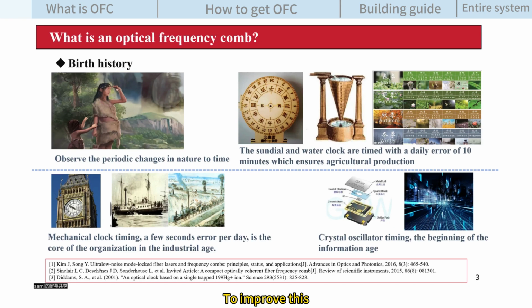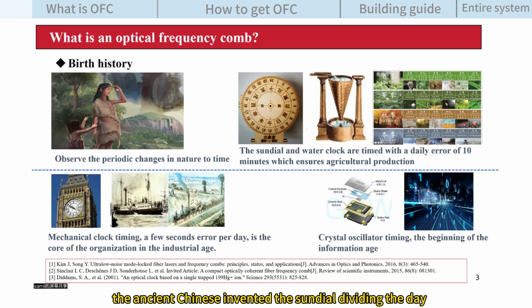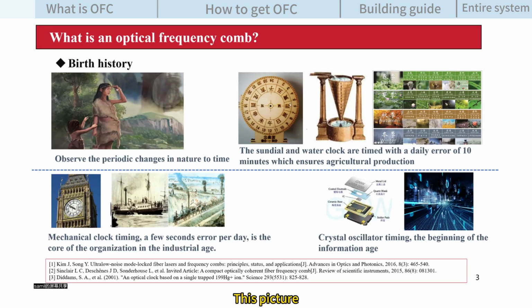So to improve this, the ancient Chinese invented the standard of dividing the day into equal parts and then into 12 shichen. In this picture, you can see the 12 shichen, which made timekeeping more precise.